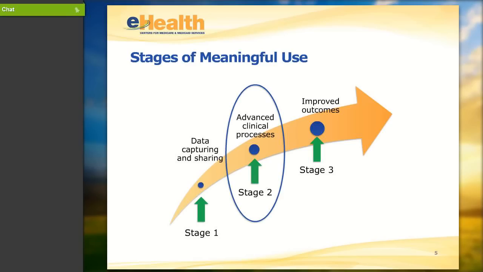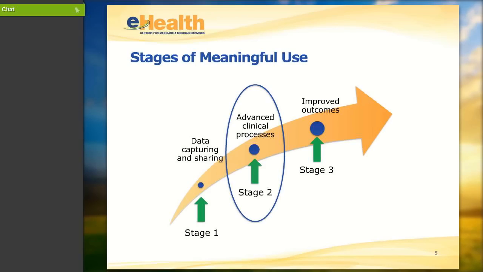Remember that this is a step process. So even though we talk about Stage 2 beginning in 2014 and we're talking now about Stage 3 beginning in 2017, if you're a new provider, you always begin this program at Stage 1. Always. You're always going to have a first year of meaningful use is 90 days at Stage 1. And then you move on to a full year at Stage 1, and then you move on to Stage 2.